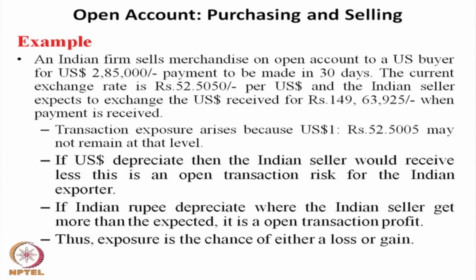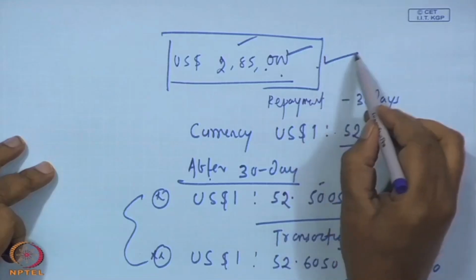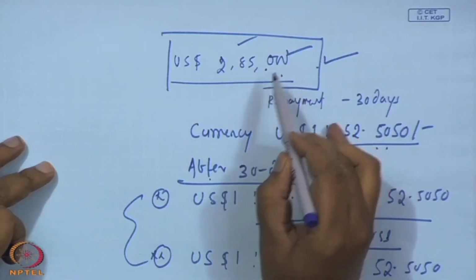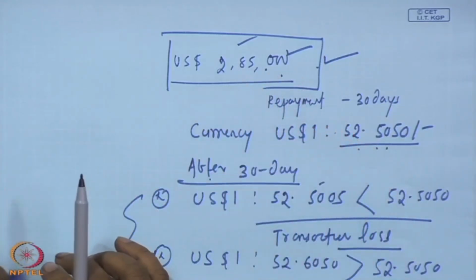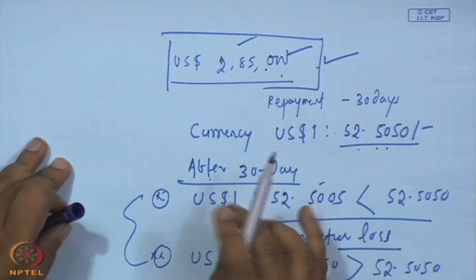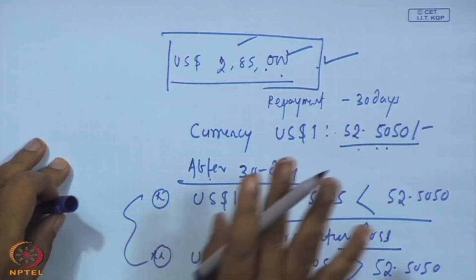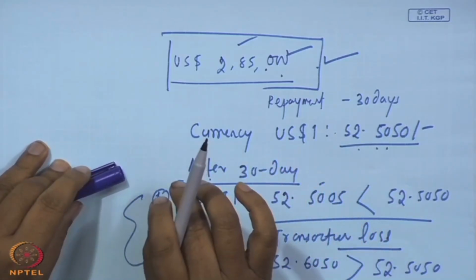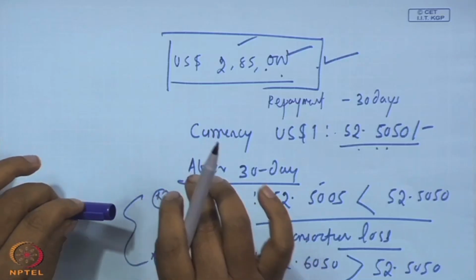Okay. Now, this is called open account purchase or selling. Why is it called open account? It is open account because this dollar 2,85,000 is open in the sense that the exporter has not purchased any kind of risk management product for converting the future cash flow at a particular constant amount.